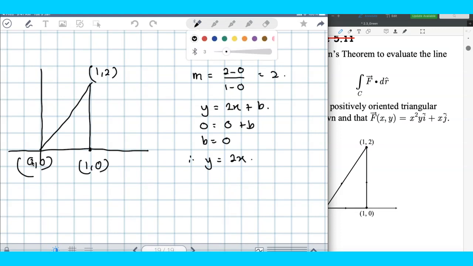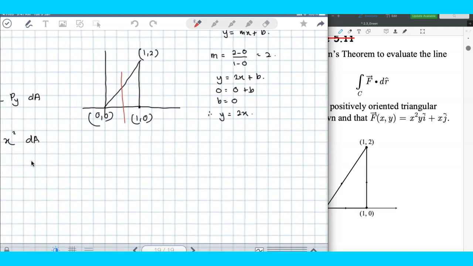So now in order to determine the limits, here I'm using x as the constant. So x is from 0 to 1, and then y is from 0 to x.